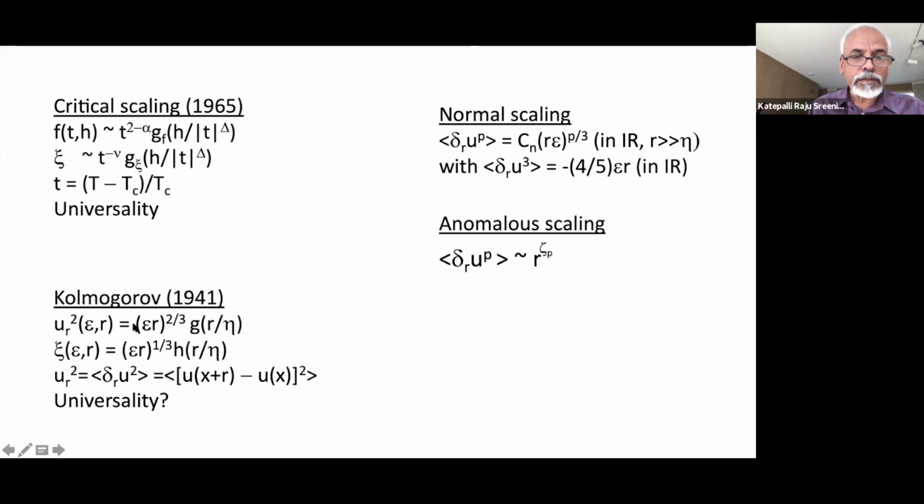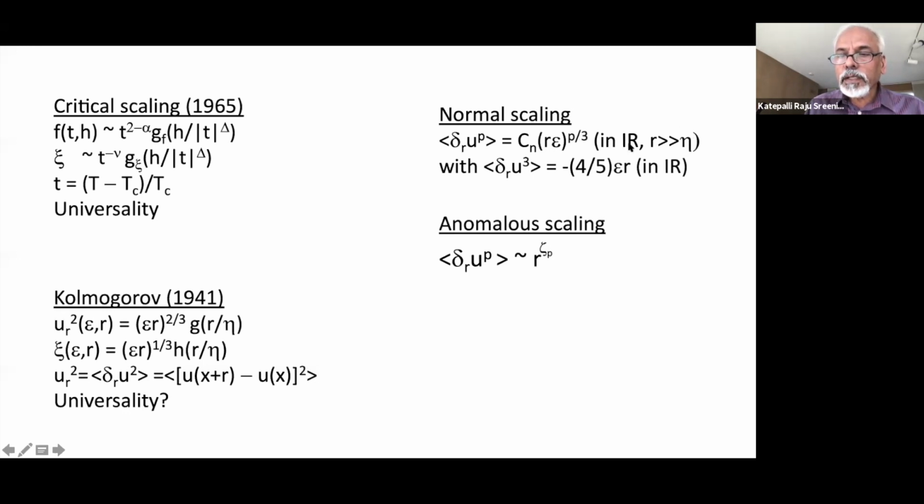Instead of the square of the velocity, you just take the pth power and extend this argument in the range where the g of r or eta just becomes unity, because the thing here takes a large value in the inertial range. It is simply equal to r over eta to the power p by 3.